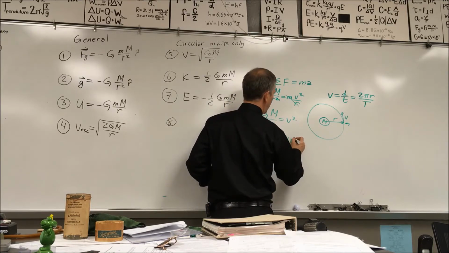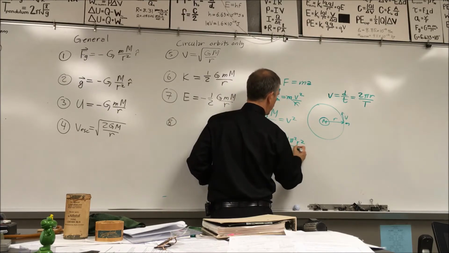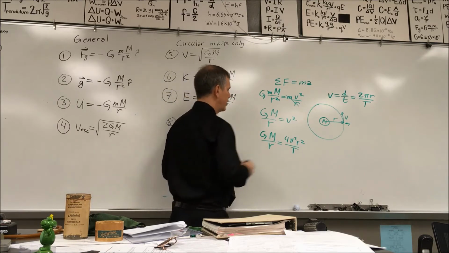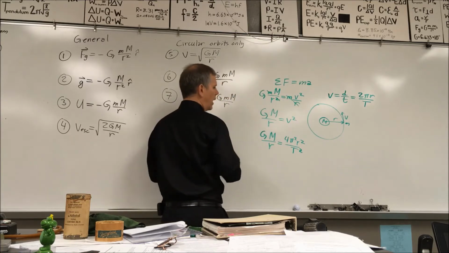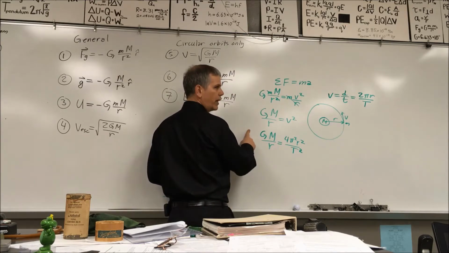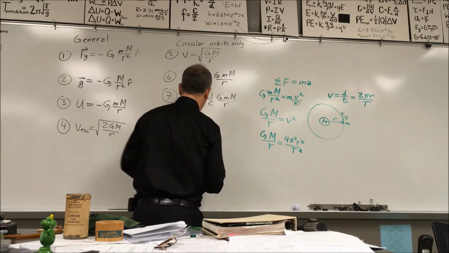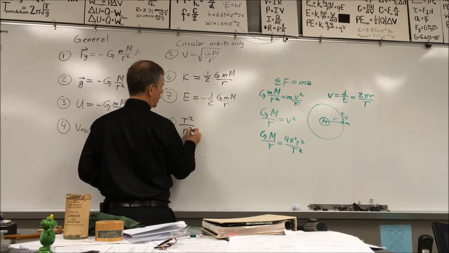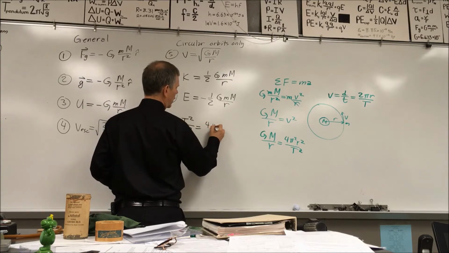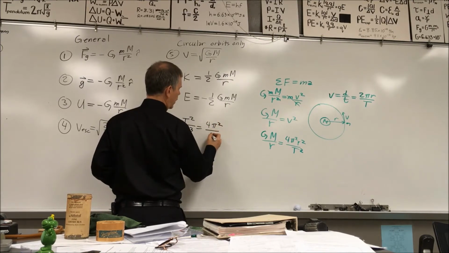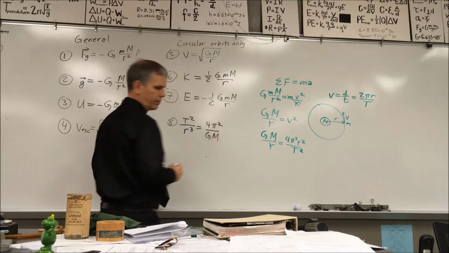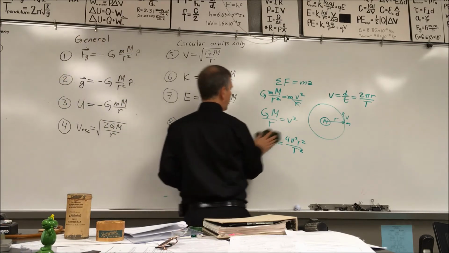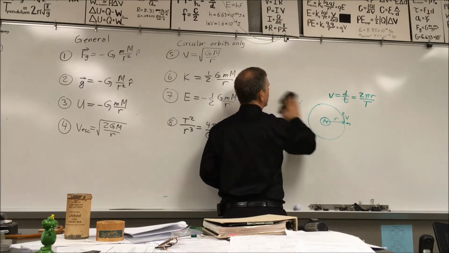That's 4 pi squared, r squared over T squared. I'm going to bring the T squareds over here and the r squareds over here, and we get, and this is known as Kepler's third law.